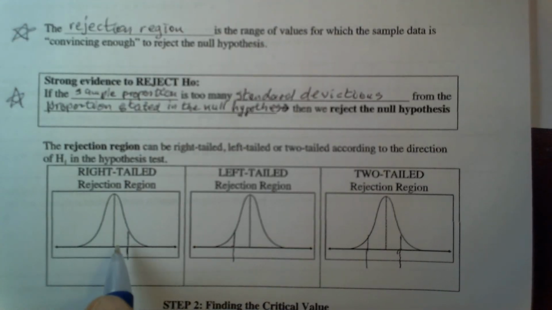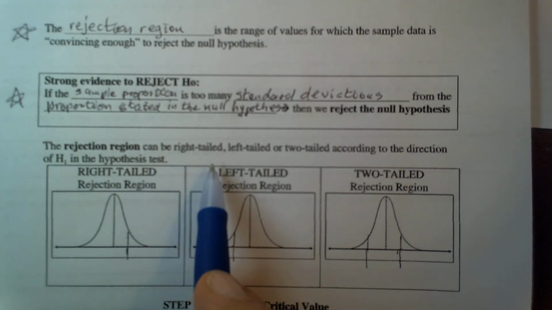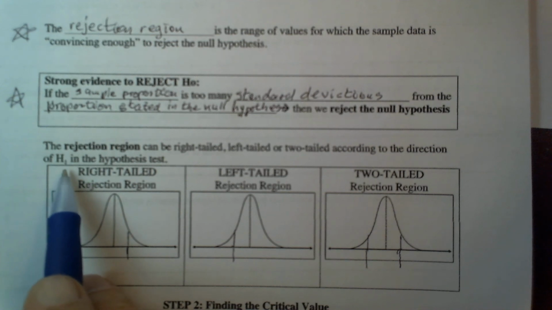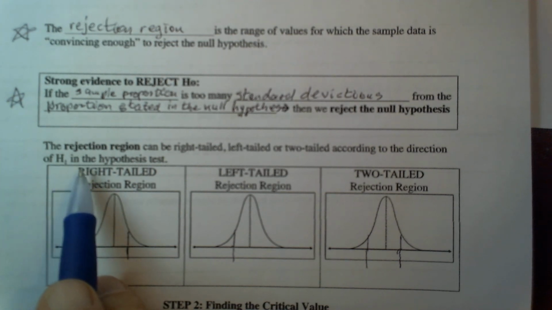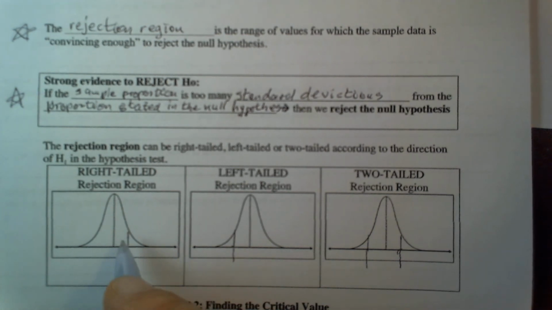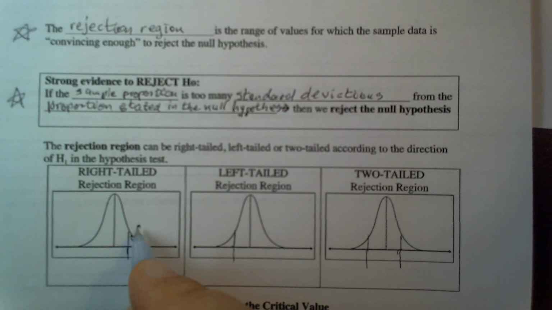So for a right-tailed test, okay, the rejection region can be right-tailed, left-tailed, or two-tailed according to the direction of H1, the alternative hypothesis, in the hypothesis test. For a right-tailed test, this area is alpha. That's the probability in the right tail, this little region here.